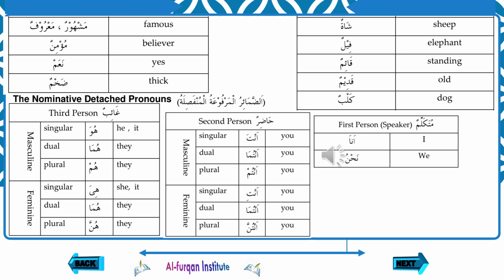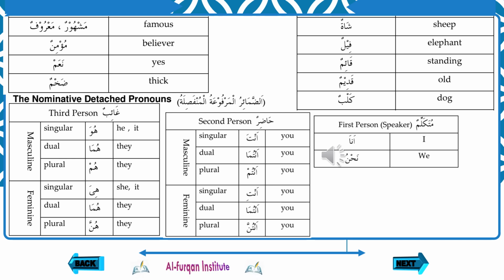So the third person singular masculine, huwa, it means he or it. So the third person dual masculine, huma, they.